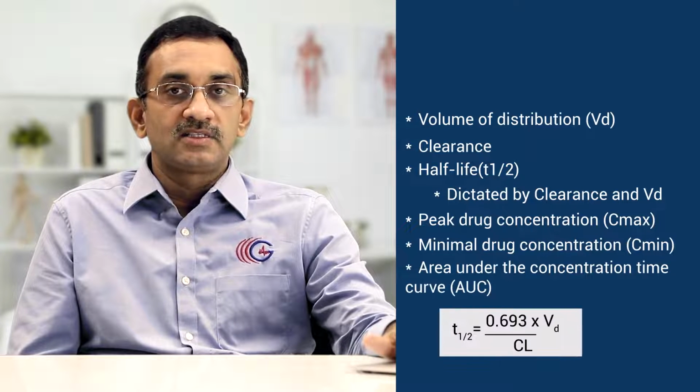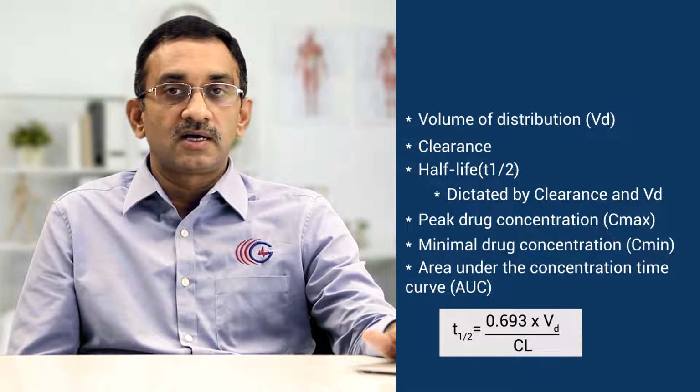Area under the curve is nothing but the concentration of the drug in the blood over a period of time. Of these variables, we are predominantly going to be talking about the volume of distribution and clearance. Those are the two important pharmacokinetic principles that will dictate our use of antibiotics in any given patient.